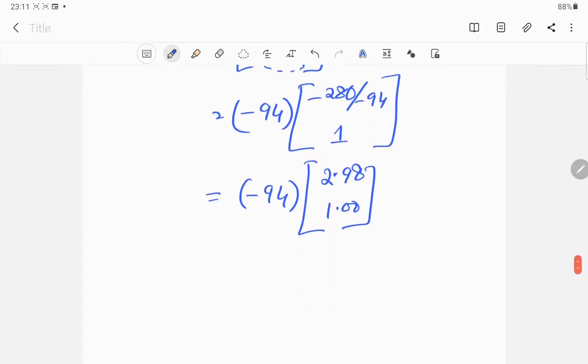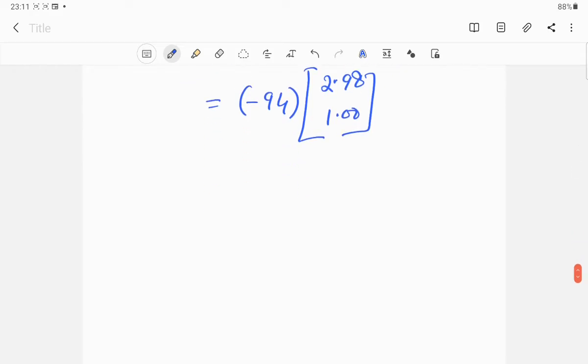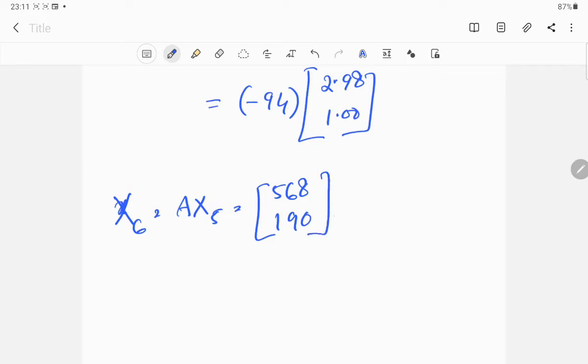Okay, so if you do similarly for x6, it will go up to 568, 190, and if you take 190 common, it will be 2.99 and 1.00.